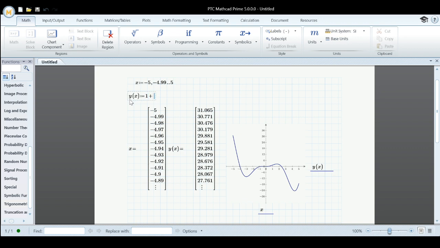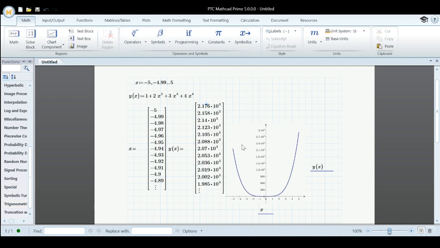So it is 1 plus 2x square plus 3x cube plus, if it is a fourth order equation, so it will be 4x to the power 4, and you get an expression like this. You see.